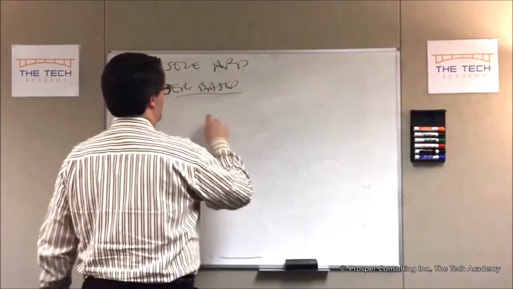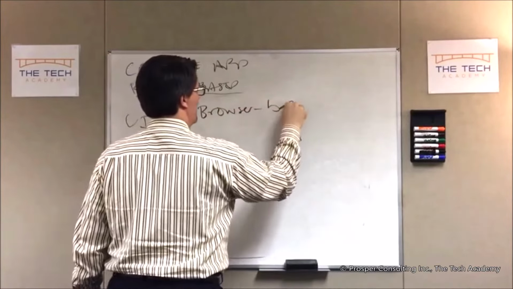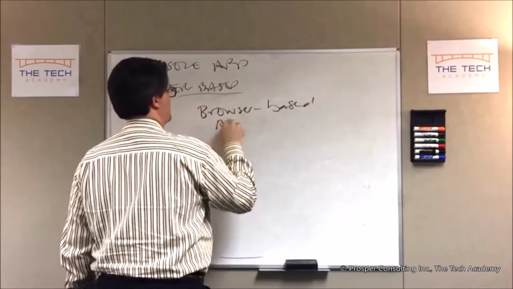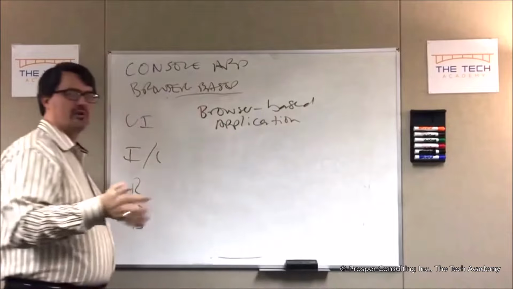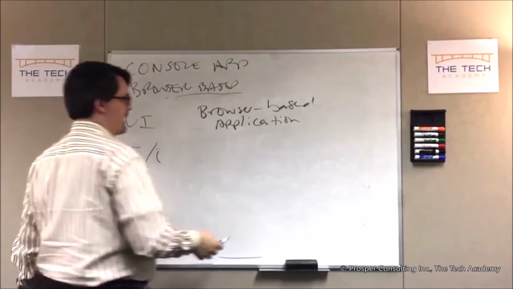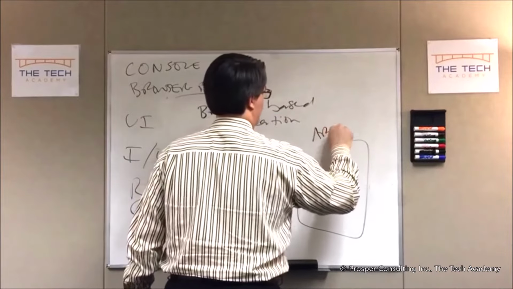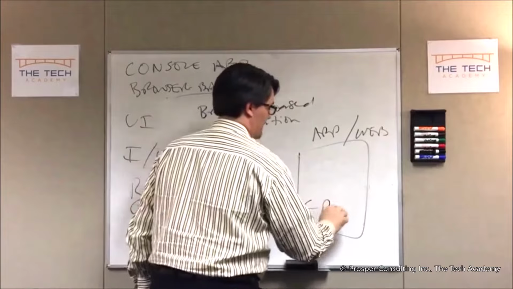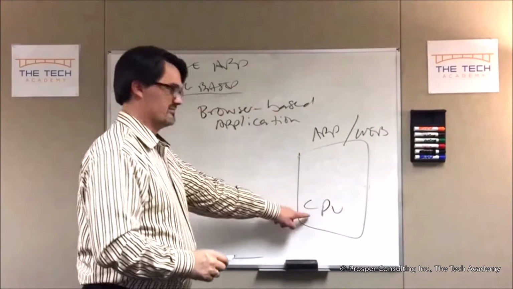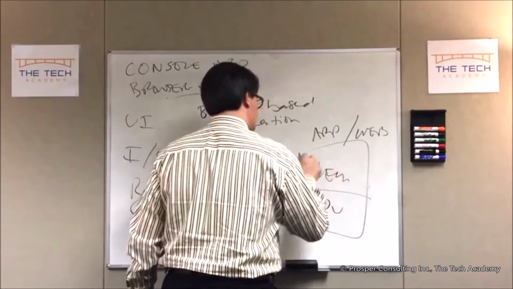And finally, you would have this thing called a browser-based application. And the terminology on this is relatively loose because it's a pretty recent development. But essentially what you have is some big computer somewhere called an application server, even a web server. Either one, it's a big central processing unit or dozens of central processing units and lots of memory, right?